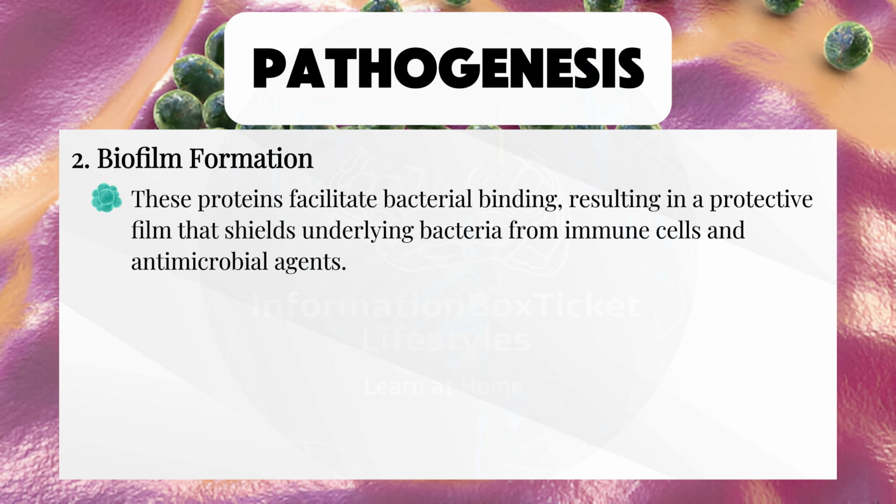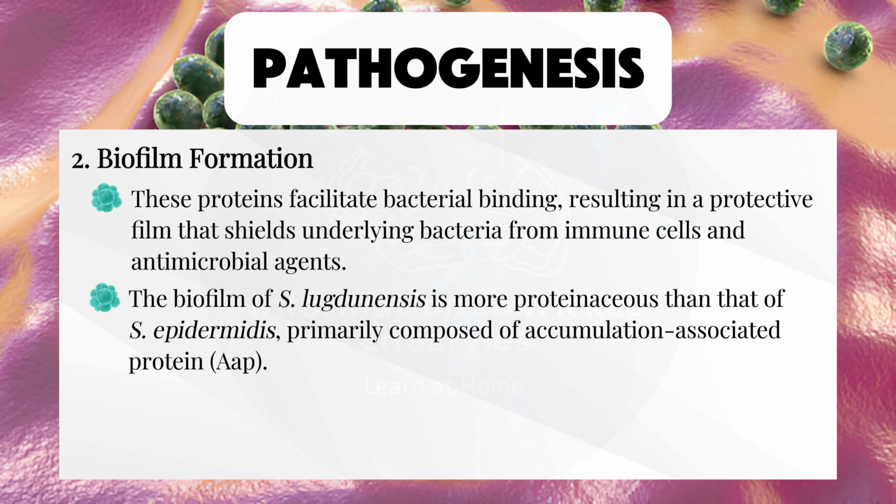These proteins facilitate bacterial binding, resulting in a protective film that shields underlying bacteria from immune cells and antimicrobial agents. The biofilm of Staphylococcus lugdunensis is more proteinaceous than that of Staphylococcus epidermidis, primarily composed of accumulation-associated protein.